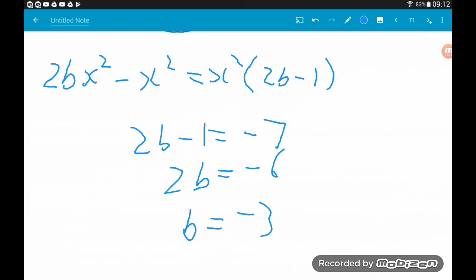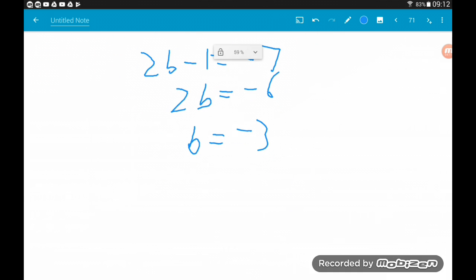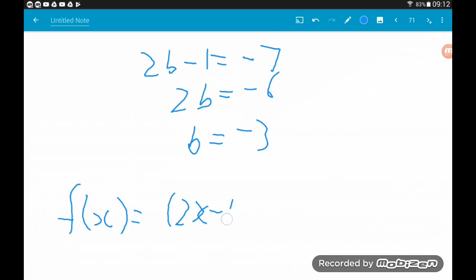So what we can do now then is fill in our quadratic factor. So, f of x is 2x minus 1 times x squared minus 3x plus 11.